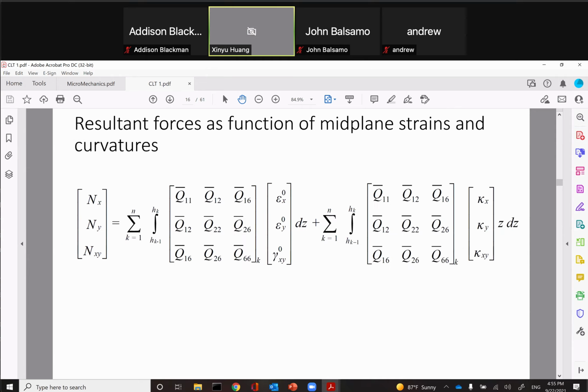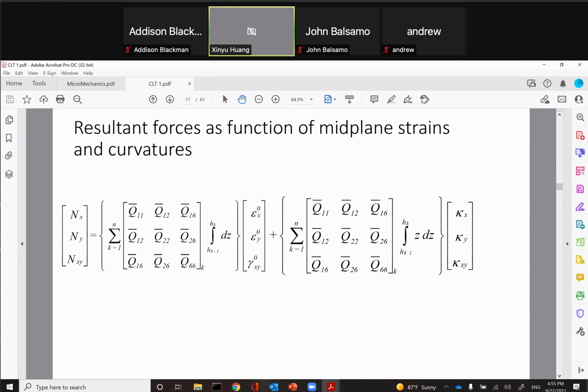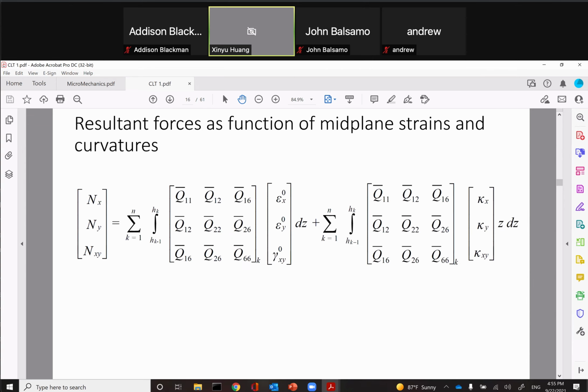We just change the integration. This whole thing can be taken out of the integral. Why? You see, from here to here, look at the difference in the first term. What's the difference? The difference is this whole thing is taken out of the integral.